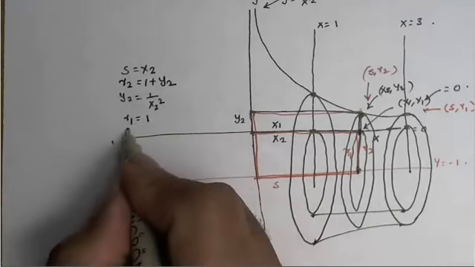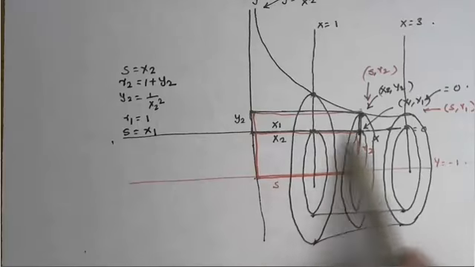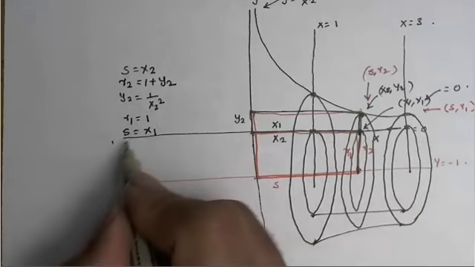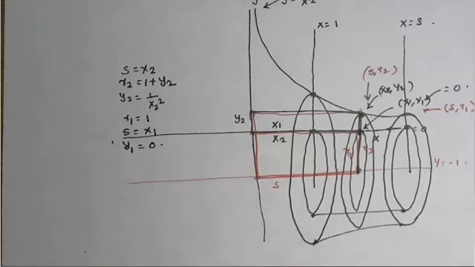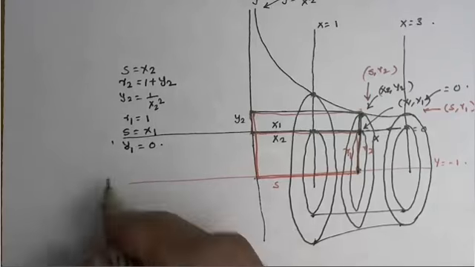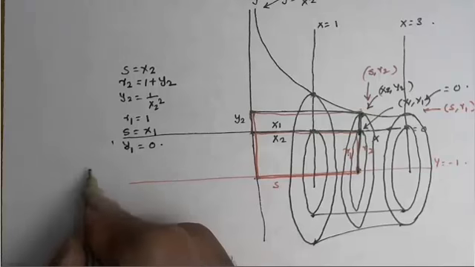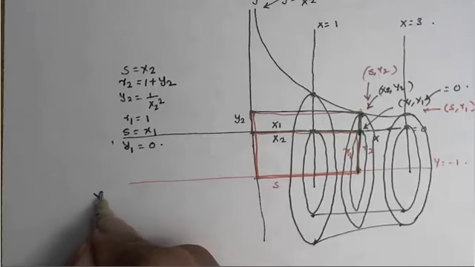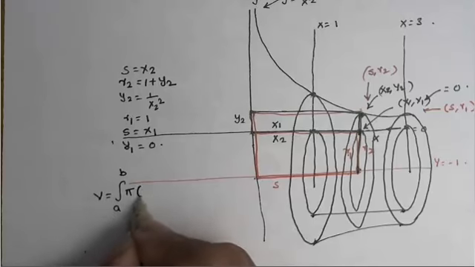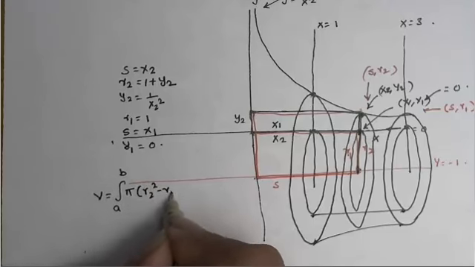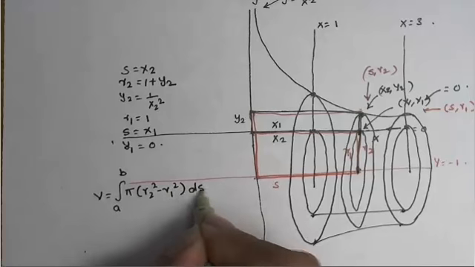And finally, the point is on this line, so y1 equals 0. So those are our basic equations. For the washer method, the volume is the integral from a to b of pi times r2 squared minus r1 squared ds.